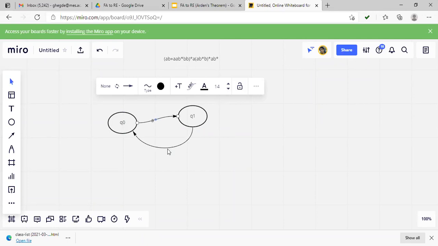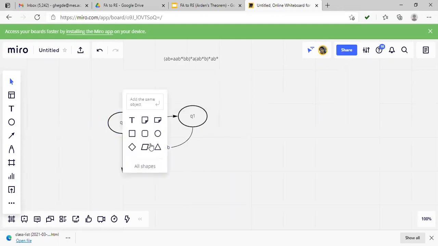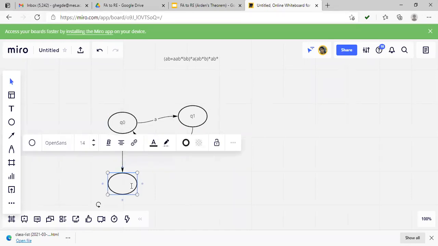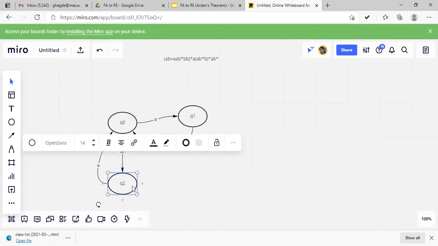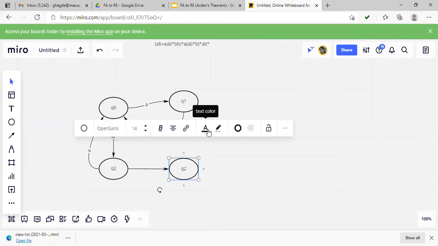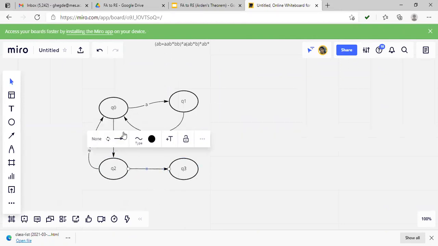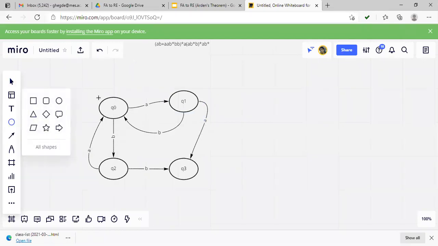This is A. This is B. So the final state is my Q0.